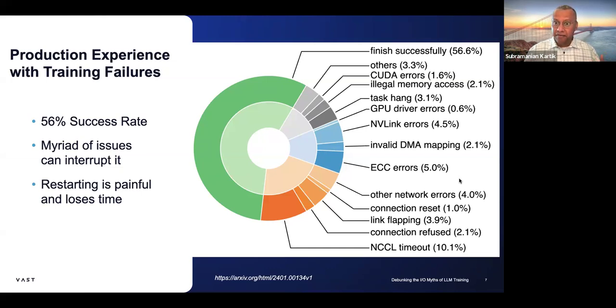Any of these would interrupt the training, and restarting is extremely painful, and you lose a lot of time doing so. So you want to be able to not just checkpoint quickly, but also restore back quickly. As you'll soon see, there is nothing like a free lunch.